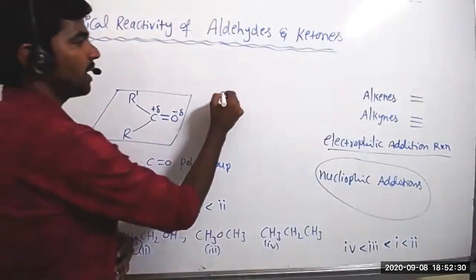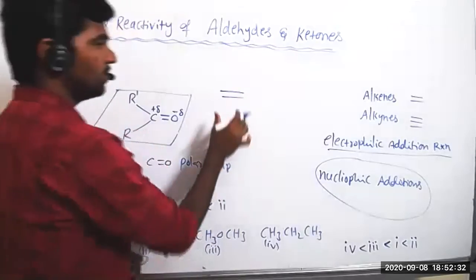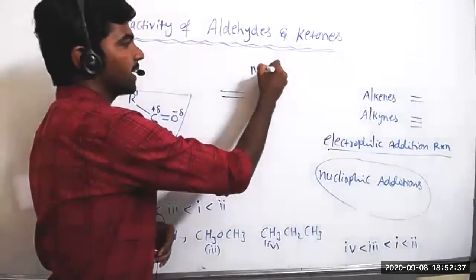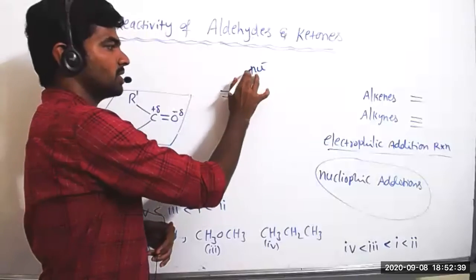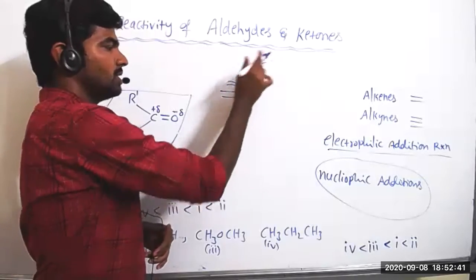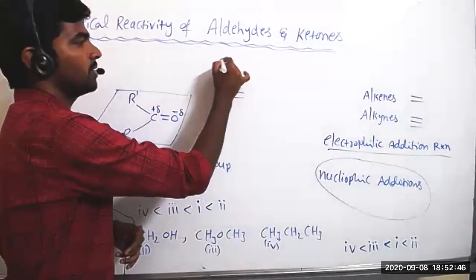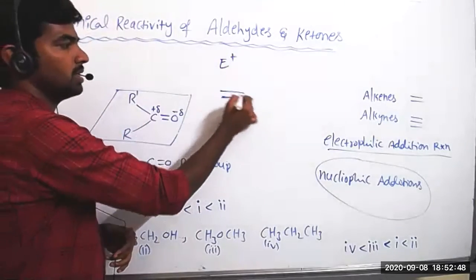There is a reason why these involve in nucleophilic addition and those involve in electrophilic addition. In alkenes, they already have a double bond, so their electron density is more. A nucleophile cannot attach because of repulsions. But an electrophile, which has positive charge, can easily attack the pi bond, where electron density is more.